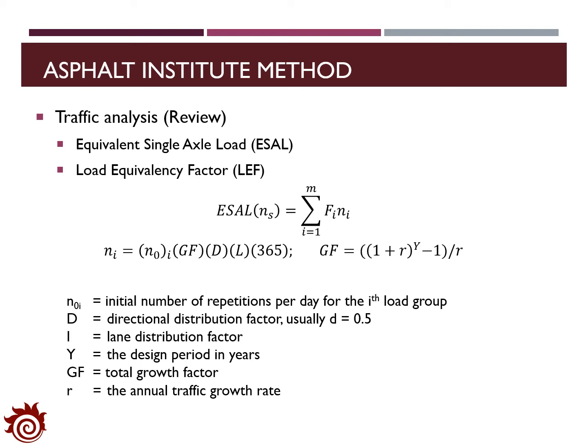The equations here show the estimation of the ESAL with different load groups. Basically, it's a function of the initial number of repetitions, directional distribution factor, the length distribution factor, the design period growth factor, and the annual traffic growth rate.